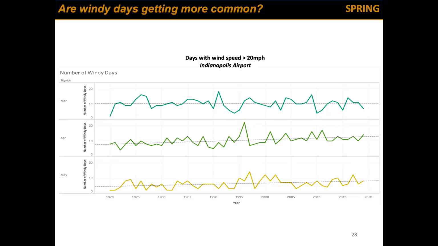There is a clear increasing trend, and estimating the value at the start of the trend line in 1970 to the end of the trend line in 2019, it looks like the number of windy days has increased from about 9 days to around 13 days. And remember, April just has 30 days. May also shows an increasing trend in the number of windy days, but that increase does not appear to be by as much as was found for April.